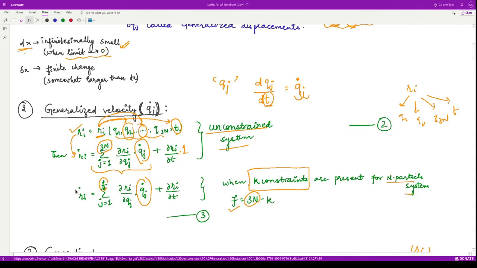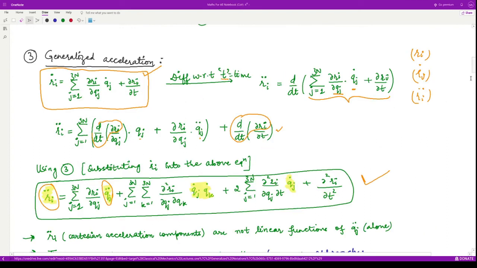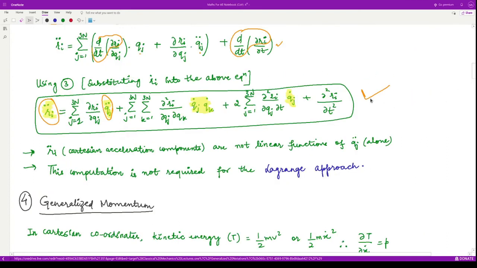Here Ri dot was linearly dependent on qj dot, and similarly with displacements, right? So we have some other approach called the Lagrange approach, which simplifies this calculation much more, so that equations of motion are obtained very easily, right?